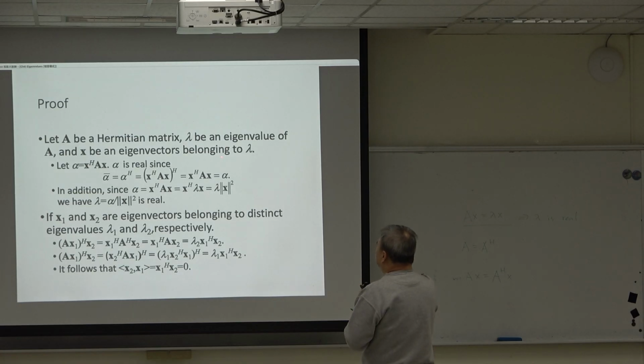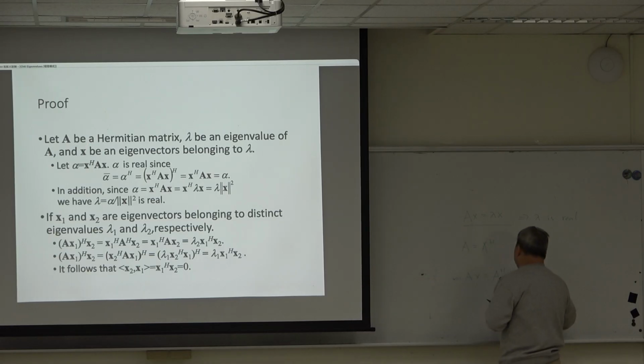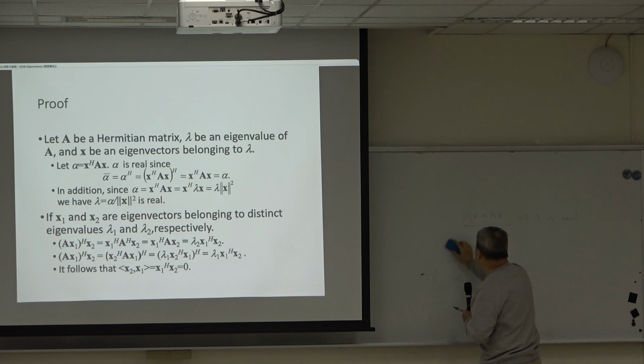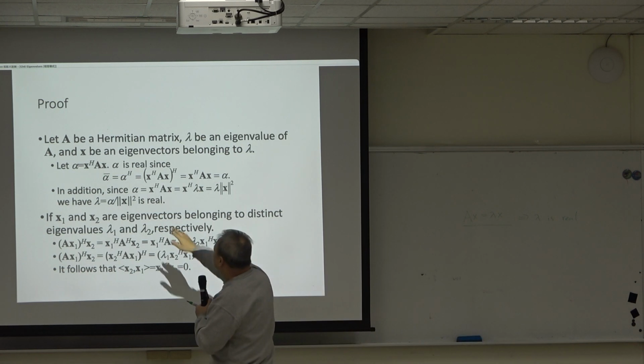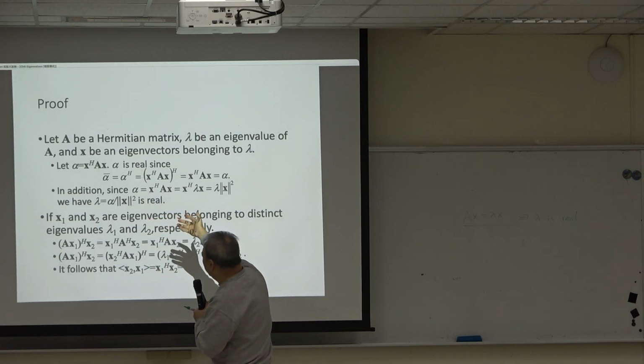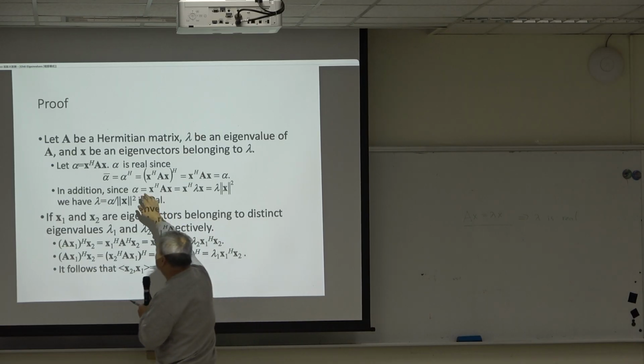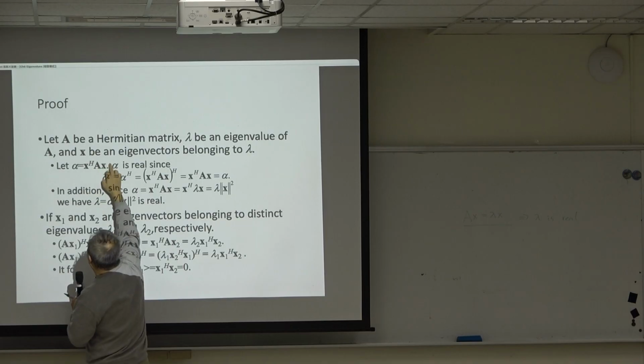A is a Hermitian matrix. Lambda is an eigenvalue of A. x is an eigenvector. Then let alpha be x^H A x. So that's this part. Alpha must be real, because alpha bar is alpha Hermitian, and then you put the Hermitian on this thing.